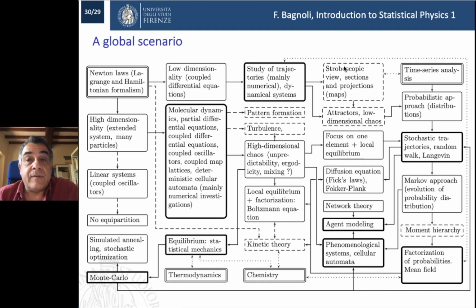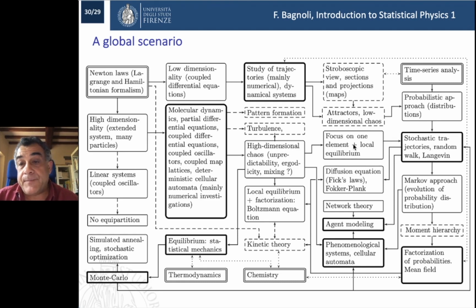One way of studying them is through a stroboscopic view, so sections, in order to convert differential equations into difference equations, that are also called maps. And from them one can get time series analysis, as I anticipated. And so this is a way of introducing a probabilistic approach, a distribution, and then study stochasticity, trajectories, random walks, the Langevin equation.